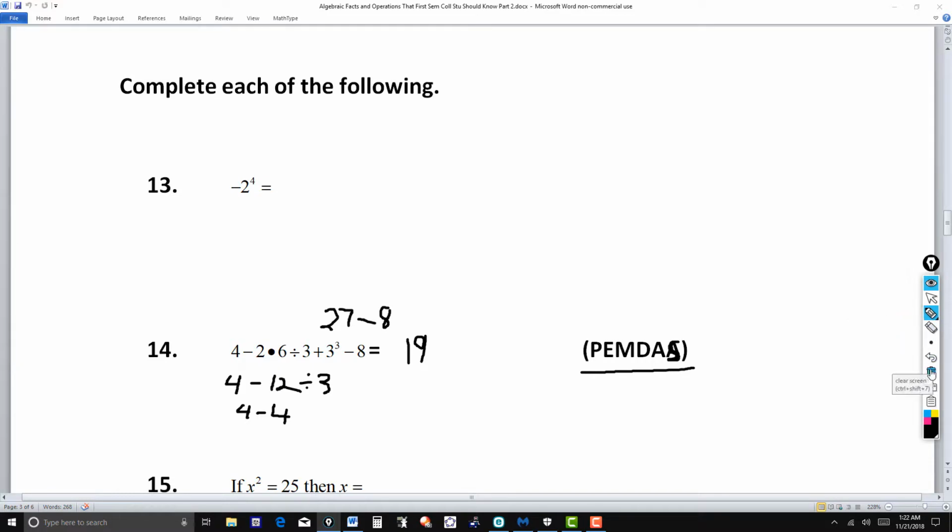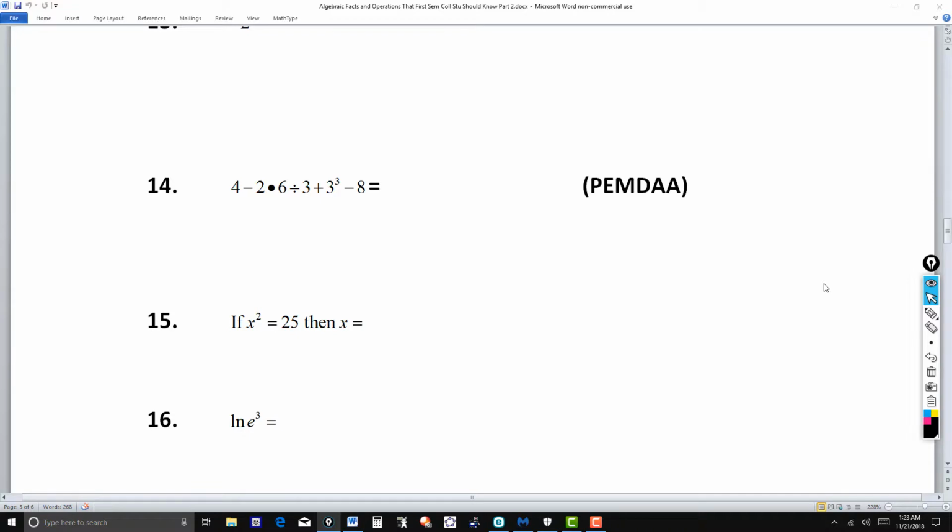Clear this. Okay, complete the following. If x squared is equal to 25, then x has to be what? So it's basically asking you to solve this very basic quadratic equation.